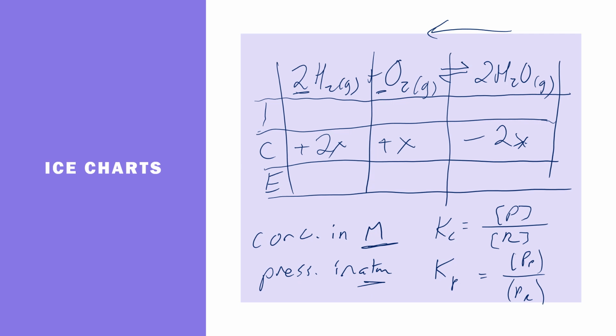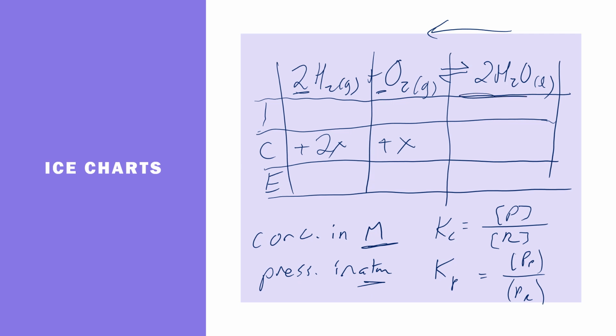Of course, if you have any solids or liquids in your equilibrium, you don't include solids or liquids in your equilibrium expression. So you would not include them in your ICE chart either. So if we were to do this a little bit differently and instead make liquid water, the liquid water is not part of our equilibrium expression.